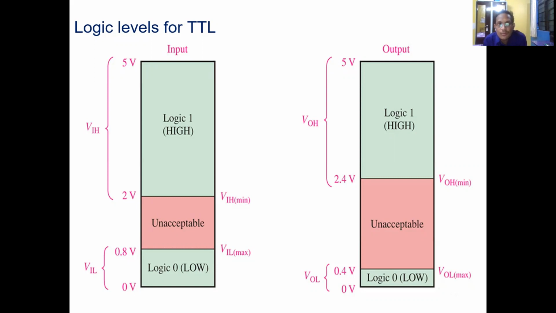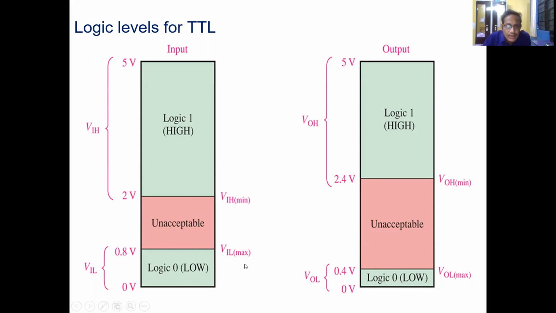Whenever I call 5 volt, logic 1, whenever it is 0, logic 0. But what does logic 0 mean? As I said earlier, the operating voltage of standard TTL is 0 to 5 volt. So up to what voltage should I consider logic 0, and up to what voltage should I consider logic 1? That can be determined by applying different voltage parameters.